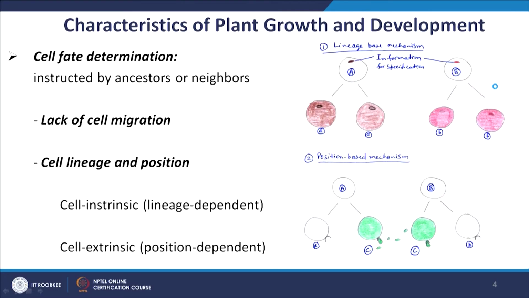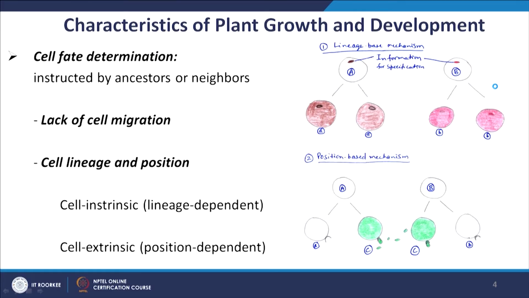The next characteristic feature of plant development is how cell fate is determined. If you remember the previous class, we discussed that the first step of organogenesis or differentiation is cell fate specification, or specifying the identity of a cell. How is this possible?